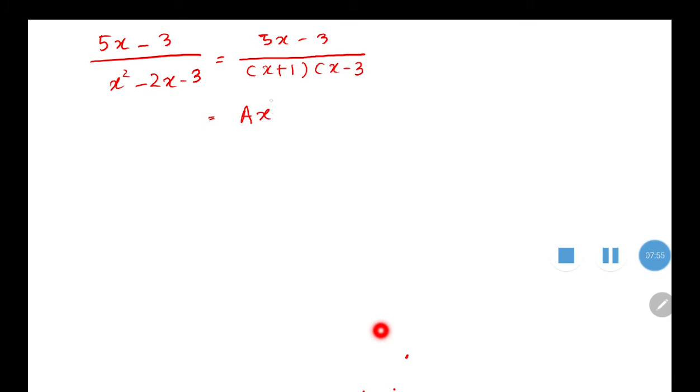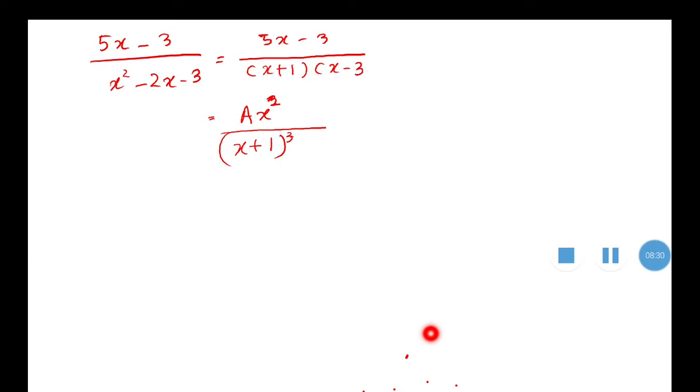A over x to the power of 0. Why power of 0? The power of x in the numerator must be one level less than in the denominator. So x to the power of 0 is what? It is 1, right? Let's say if you have (x plus 1) squared here, then this one must be 1, and if you have a power of 3 here, this one must be 2. That's the way of the rule.